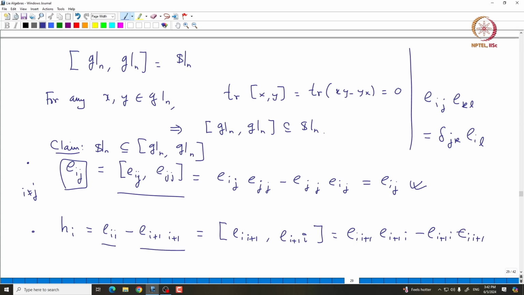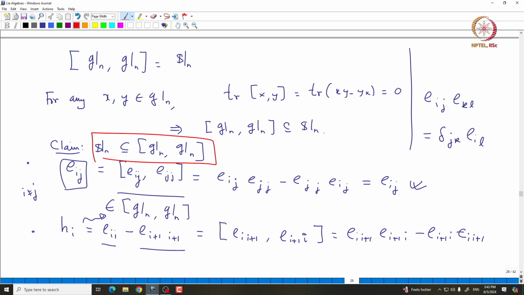So, both these elements are inside the derived algebra. Okay, that proves that all the basis elements of SLN lie inside the derived algebra. So, we have that SLN sits inside the derived algebra, and hence the derived algebra of GLN is equal to SLN.